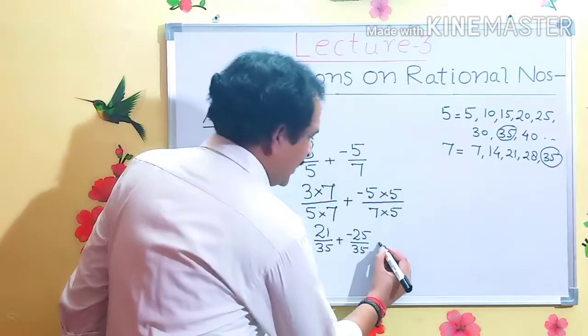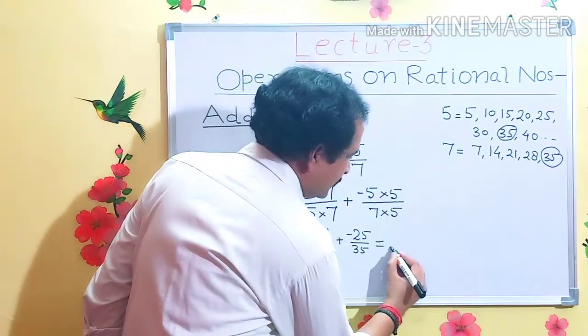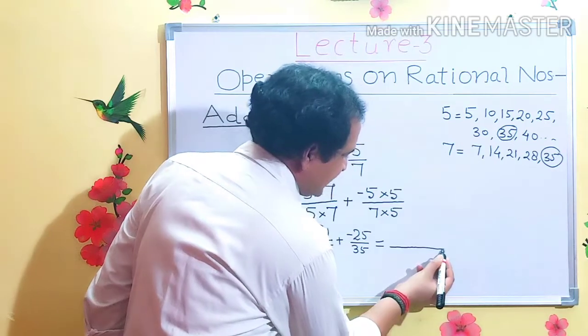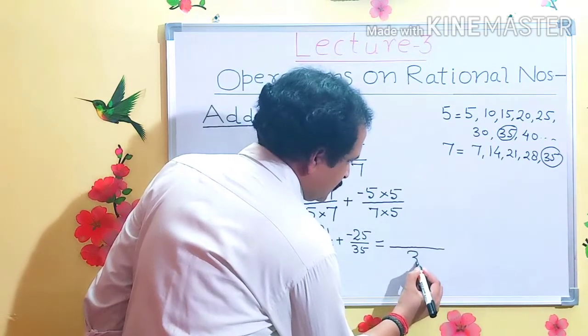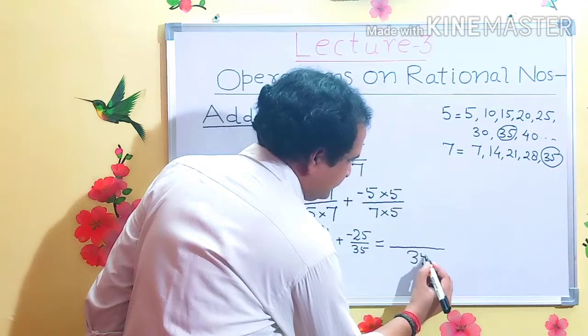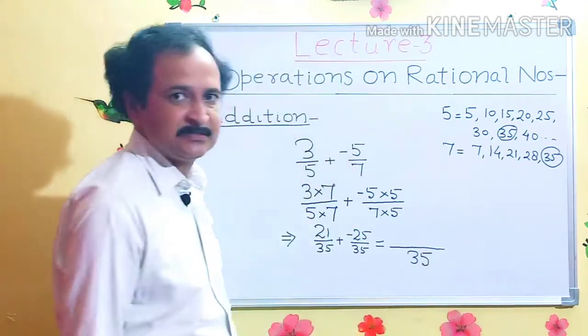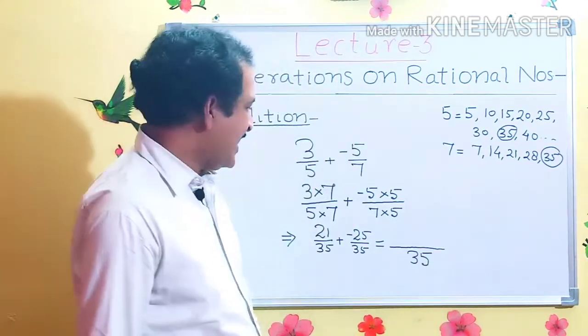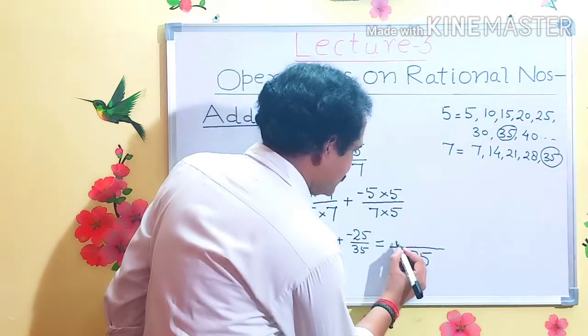So now, because the denominators of these two rational numbers are same, we can add these two rational numbers by the same method as previously discussed.